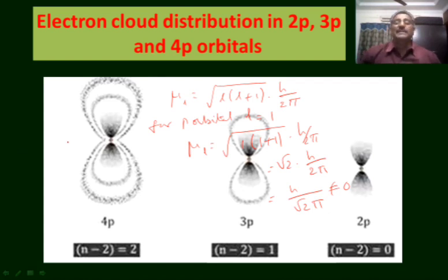You know that for p orbital, L value is equal to 1. If L is equal to 1, the magnetic quantum number takes 3 values. The m value will be either plus 1 or 0 or minus 1.